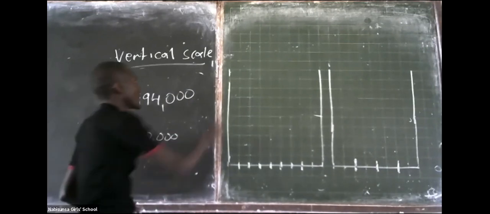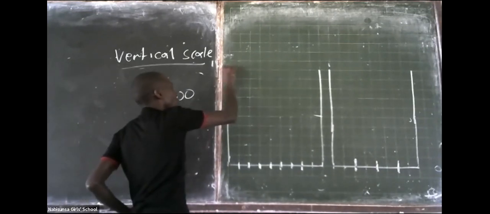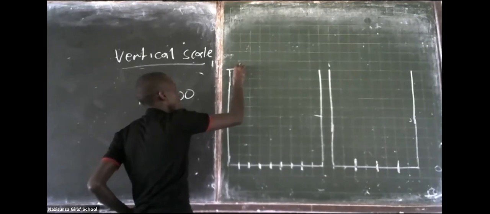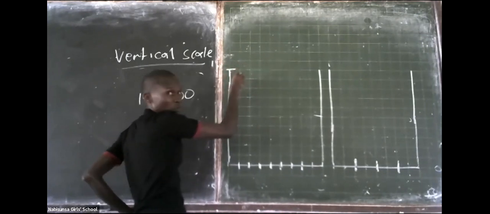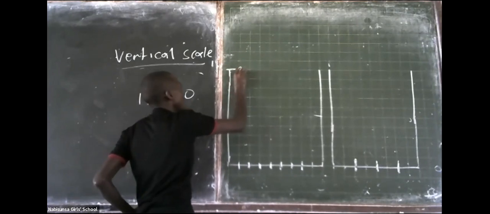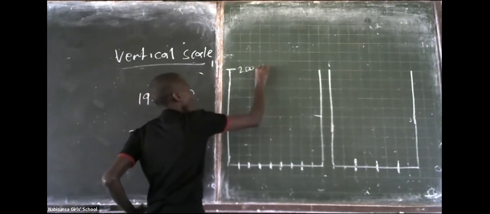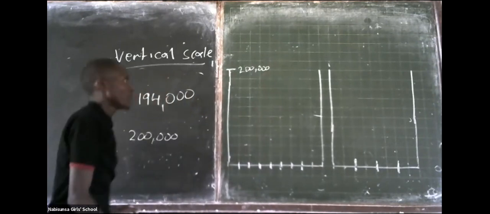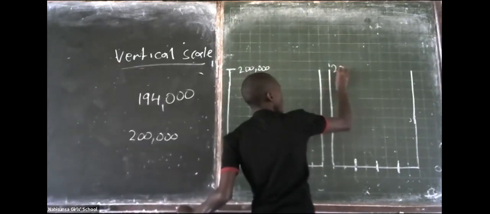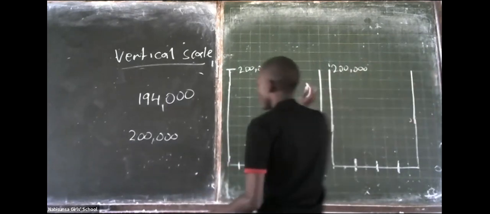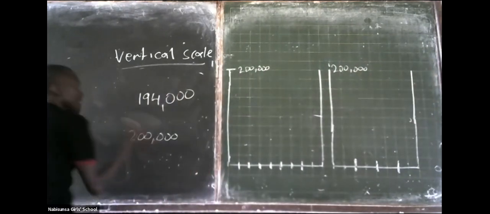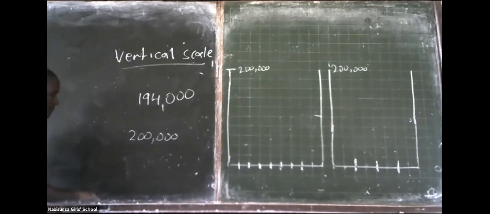You come at the beginning where the 10th level is, you write that number outside. Don't write it inside like the one I'm writing here, because you have space. You write there 200,000, even here you write 200,000. You write it outside, because you cannot write it inside. Are you done?